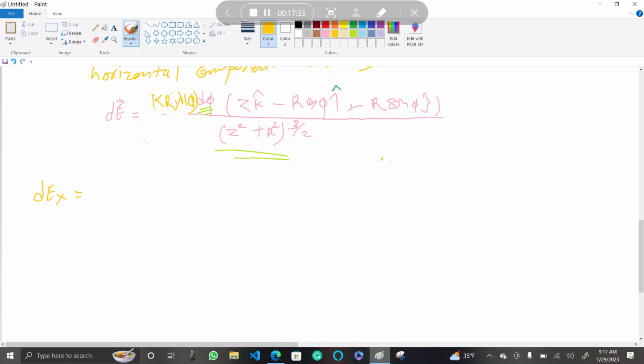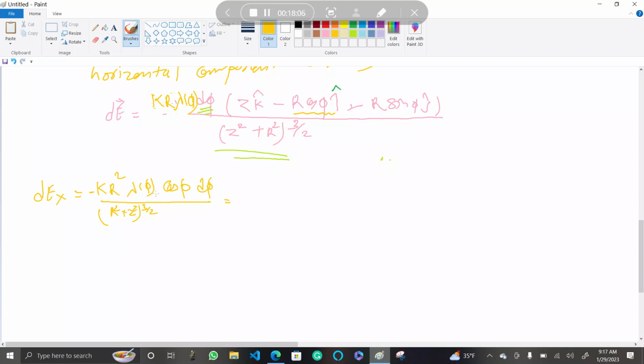So it gives me minus k r square lambda phi into cos phi d phi over (r square plus g square) to the power 3 by 2.